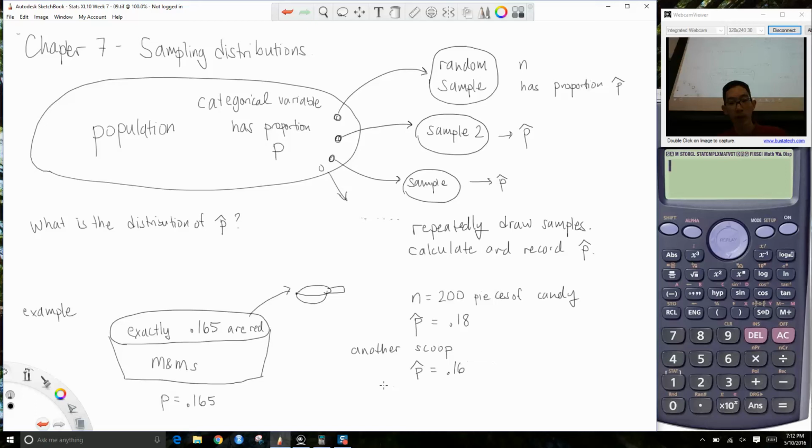And then another scoop, and maybe my p hat ends up being 0.145 or something like that. We're going to keep track of all of these different p hats that we observe.